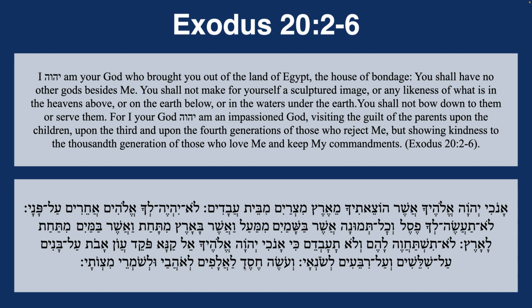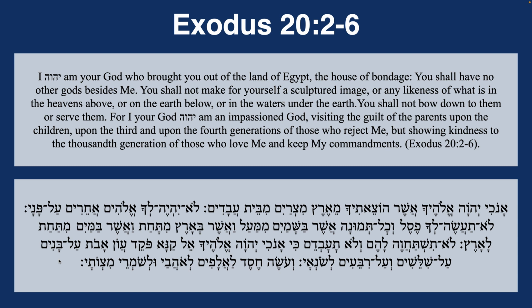So he will show mercy upon thousands. Leohavai ul shomre mitzvotai. Those who love his commandments. Shomre means to keep. Mitzvotai are commandments. La ohavai, ul shomre mitzvotai. Okay, that's the text we have read.